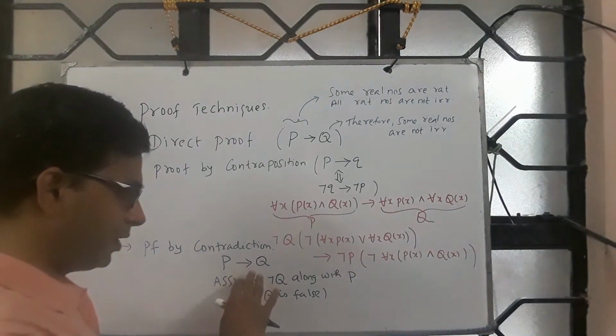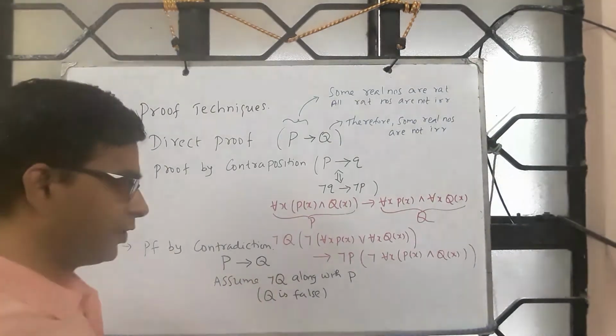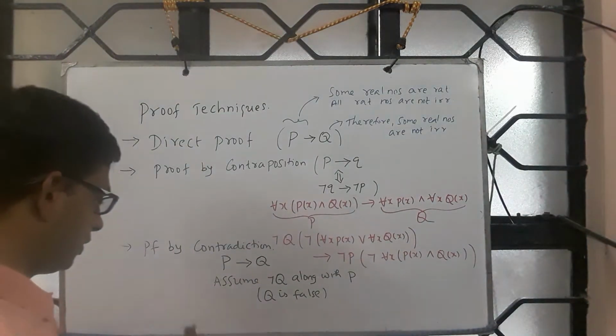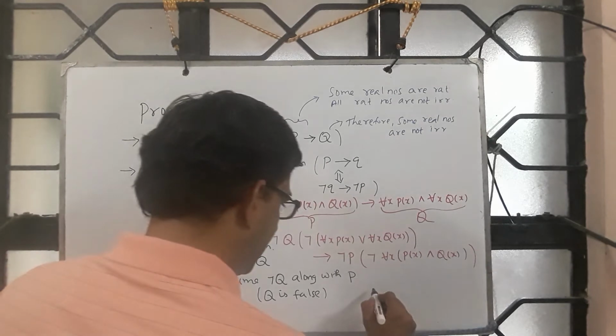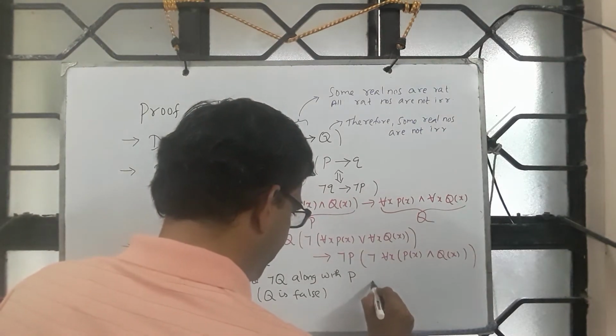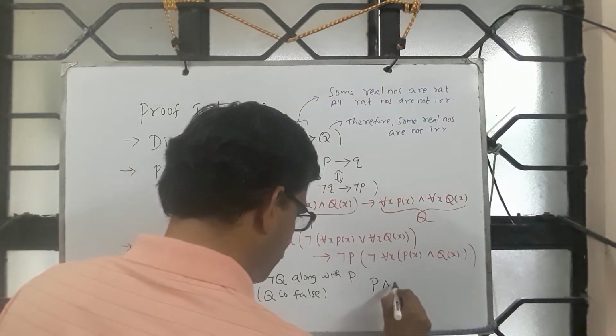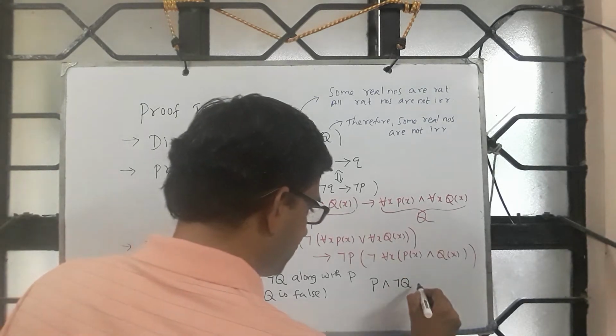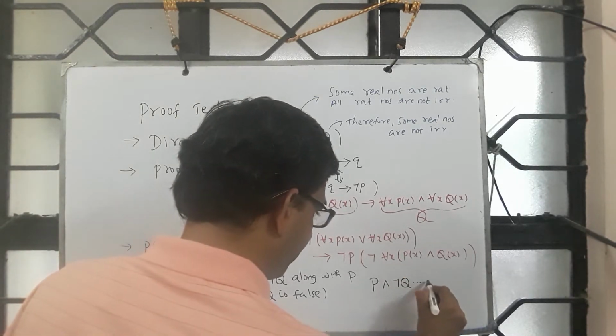And while doing this, you will arrive at some contradiction. So for example, now P is given, you are also assuming negation Q, and then you start simplifying.